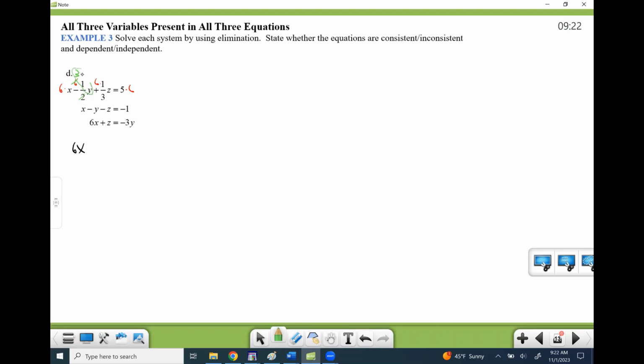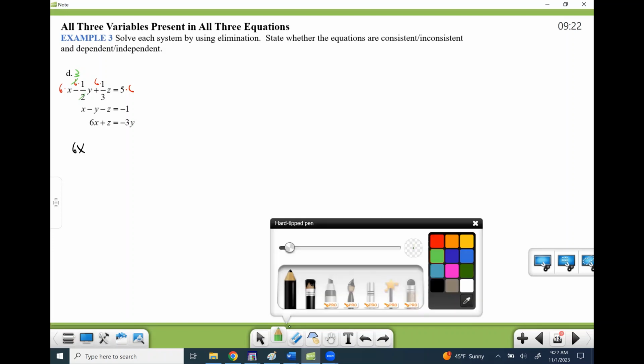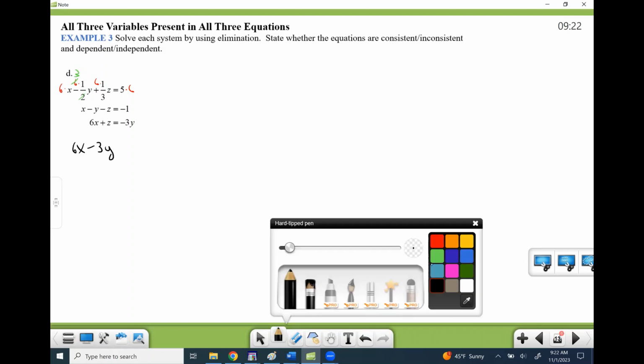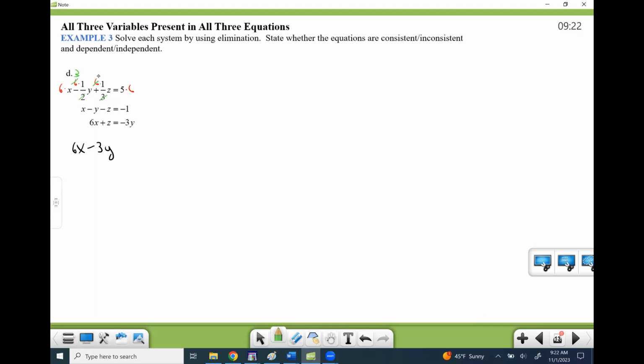So we've got minus 3y. And then for the next one, 3 goes into 6 twice. So when we multiply all those, we have 2z. And then 5 times 6 is 30.